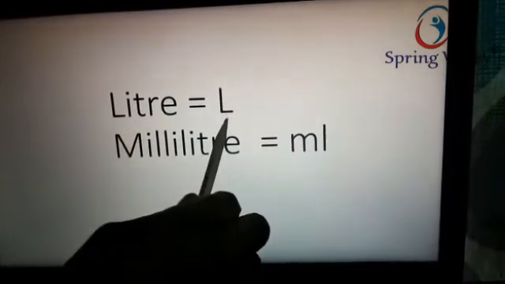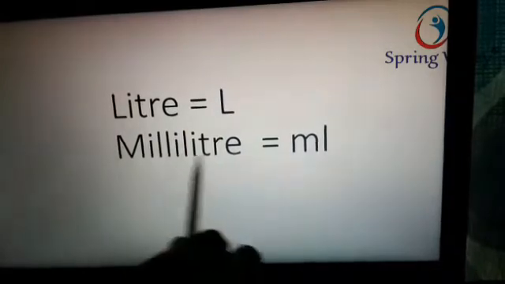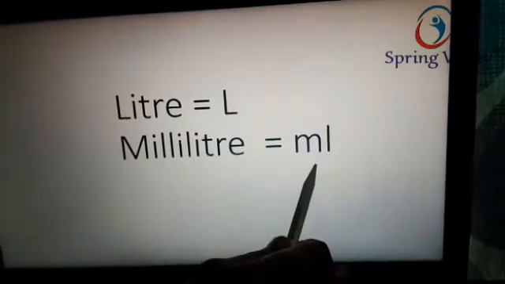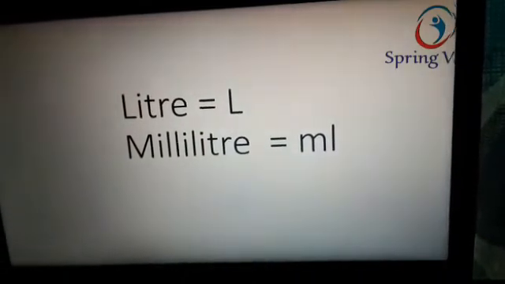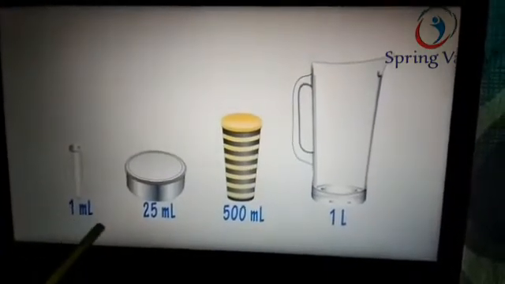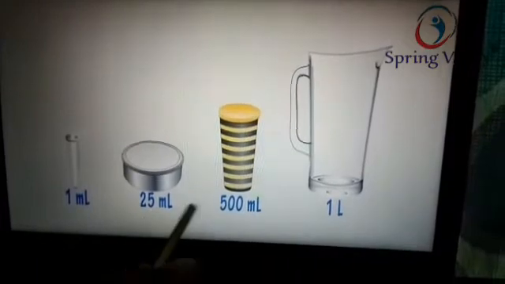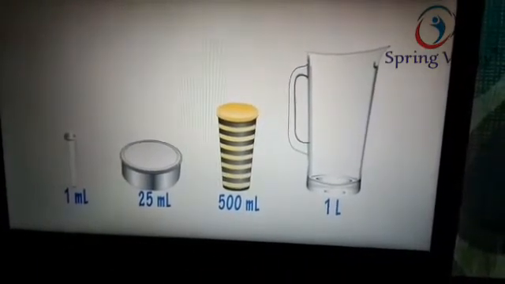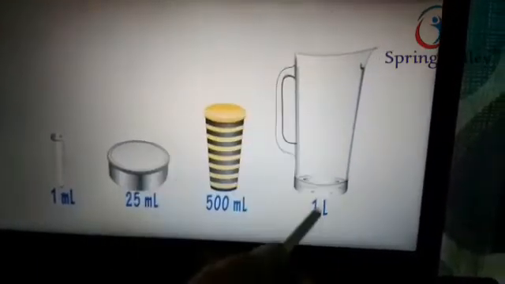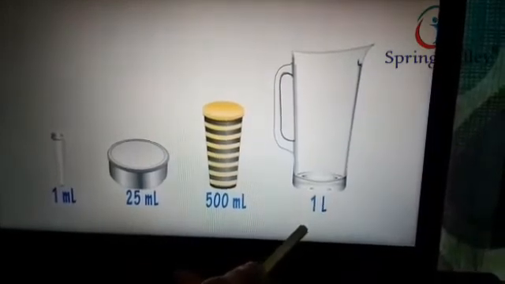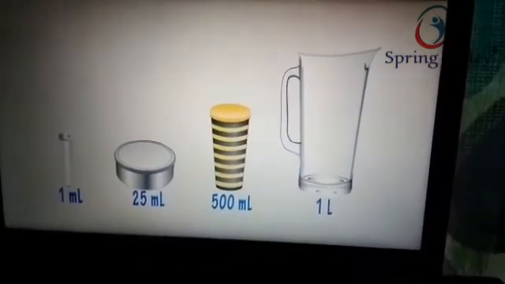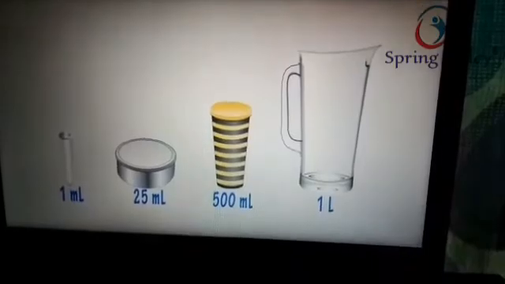Liter, in the short form we can write it L, and milliliter we can write it ml. See here, small amounts: 1 ml, 25 ml, 500 ml. For a large quantity, 1 liter. Okay, ma? You got it? The measurement of capacity?